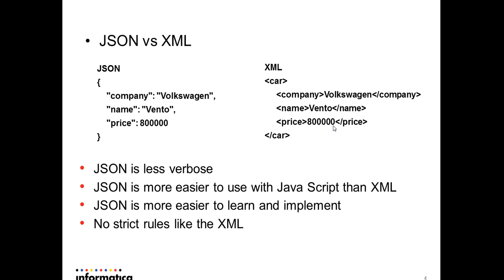And along with JavaScript, as I told with respect to RESTful services, with JSON as well, if it's a web page and JavaScript and jQuery are being used, then JSON is easier to use than XML. Compared to XML, JSON is very easy to learn because it's almost a representation of any normal data structure. And there are no strict rules like XML. Again, it's very loosely coupled.